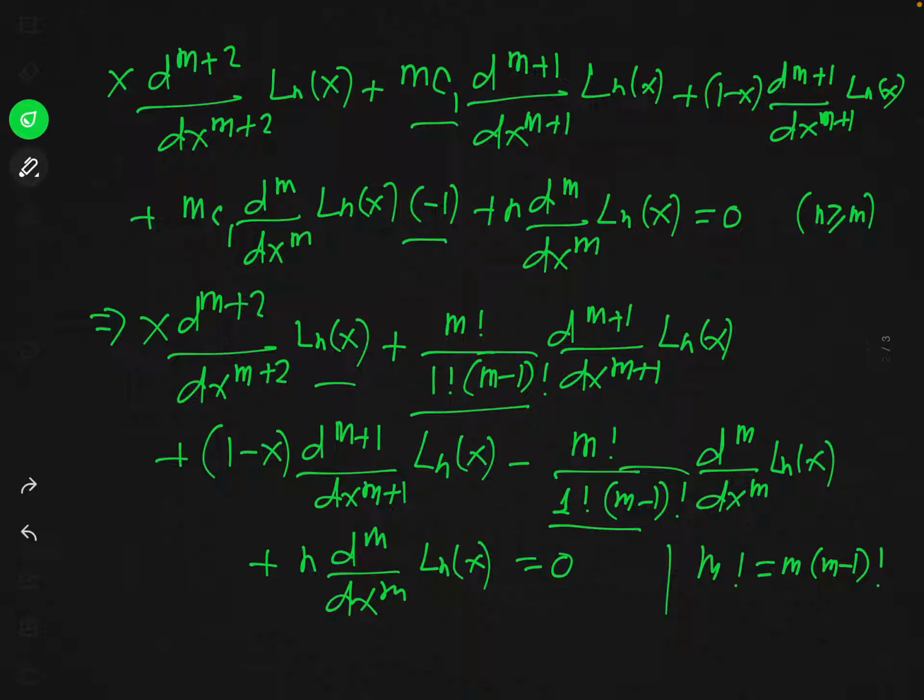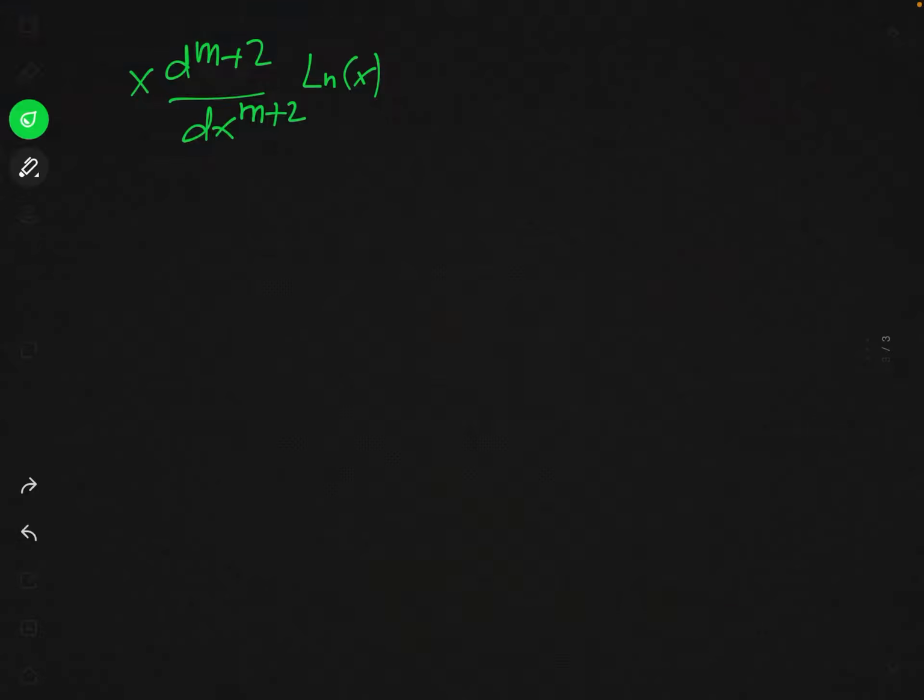So you can see here there is d^(m+1)/dx^(m+1) and its coefficient, and in this here only m remains and here is 1 minus x. So we will associate these two terms, and this will be in fact m plus 1 minus x. This will be common, and then we will write the function.